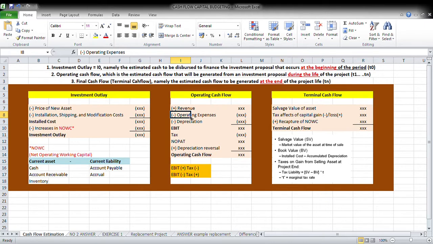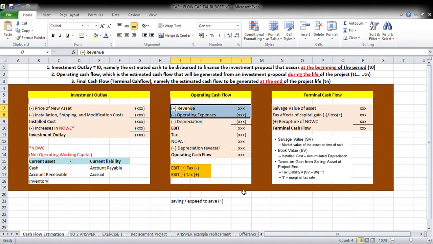But if we have savings, or expect to save, it means that the operating expenses are plus, because we get to save this. Okay, that is the difference.